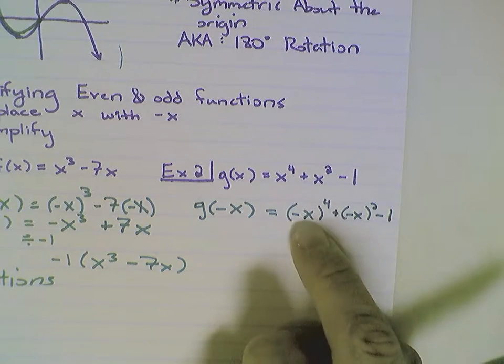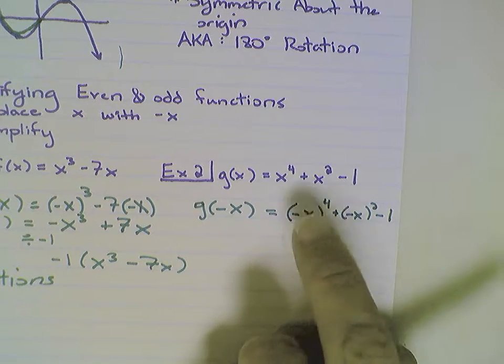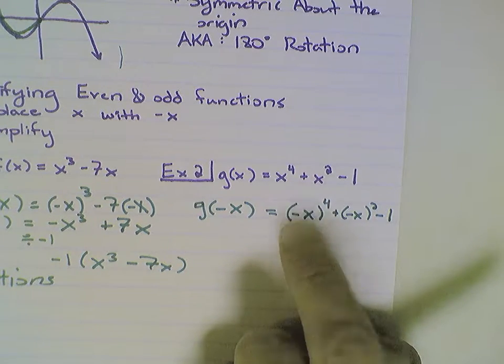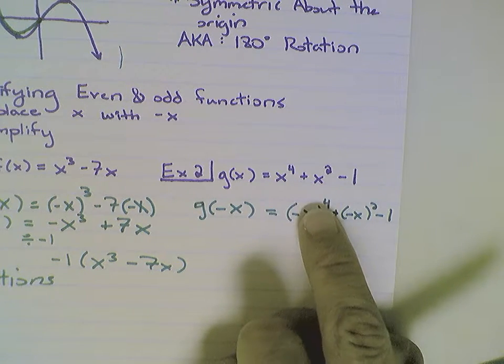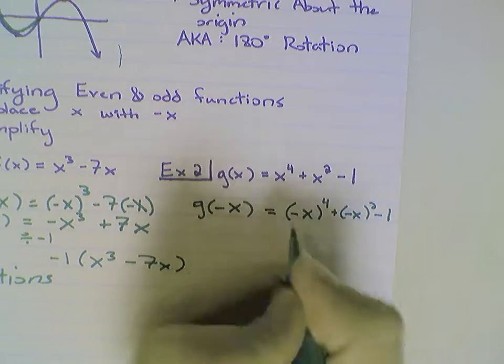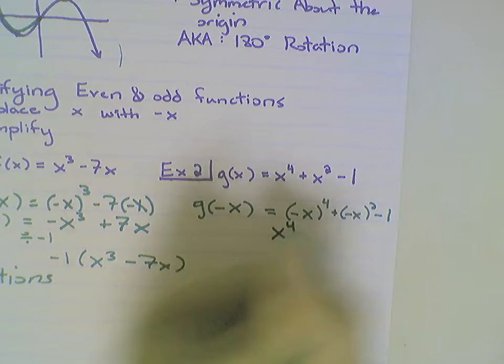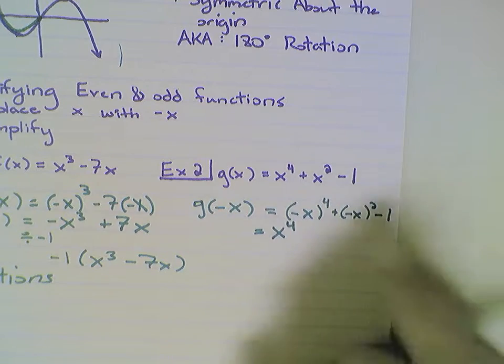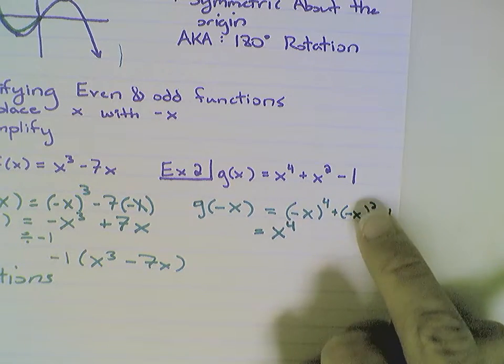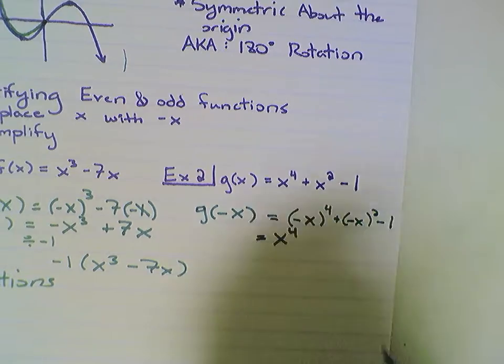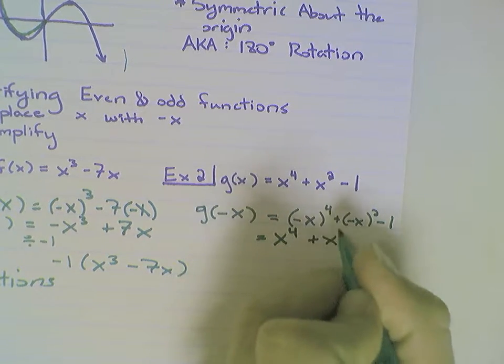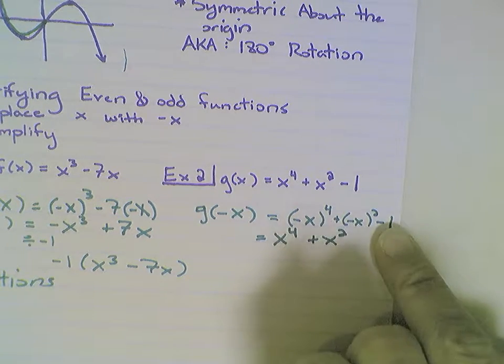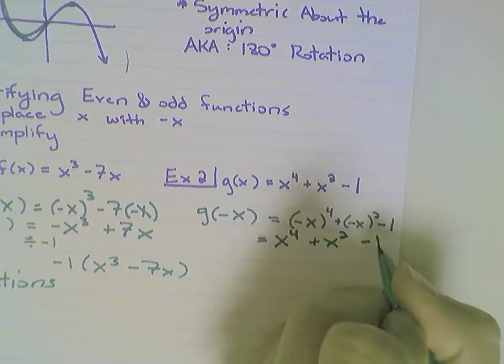Well, if I take (-x)^4, that's really negative x times negative x times negative x times negative x. If I multiply negative x 4 times by itself, I'm going to get a positive x^4. And then if I take (-x)^2, that's just negative x times negative x, which gives me a positive x^2. And then I haven't done anything to the -1, so that just stays the same.